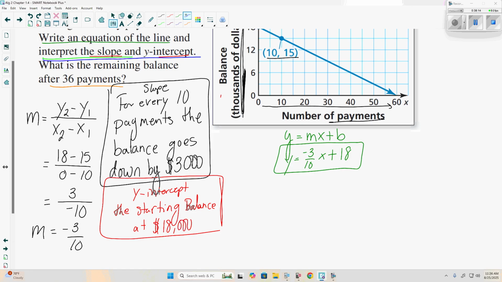Most likely the bell is going to ring before we get finished with this, but we're going to go on and finish. Don't put back up yet. Because what is the last thing it's asking for? Remaining. So what is the remaining balance after 36 payments? Payments is our x. So to find y, our balance, we have to plug 36 into x. At this point we can do it by hand or in the calculator.